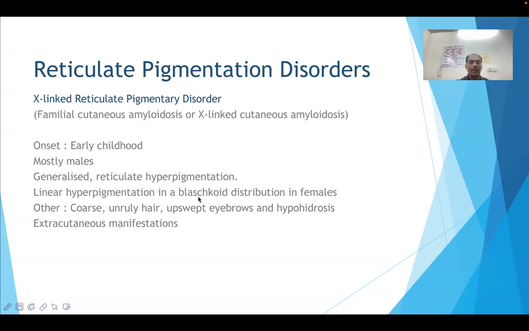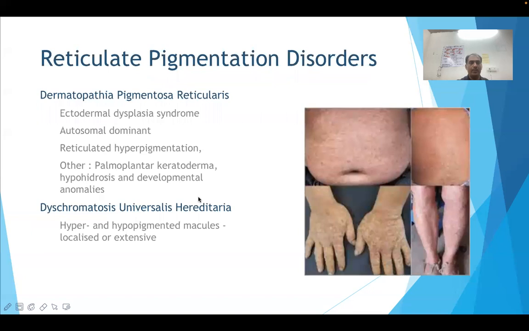Coarse, unruly hair and hypohidrosis may be associated with this reticulate pigmentary disorder. Dermatopathia pigmentosa reticularis is an ectodermal dysplasia syndrome, with autosomal dominant inheritance, manifesting as reticulated hyperpigmentation. Palmoplantar keratoderma, hypohidrosis, and developmental anomalies are also known to occur along with the reticulate pigmentation in this condition.